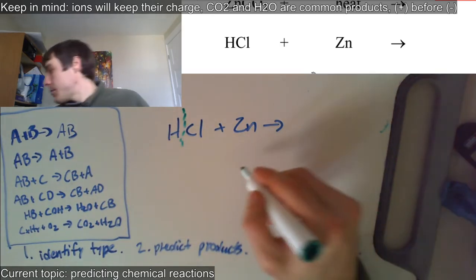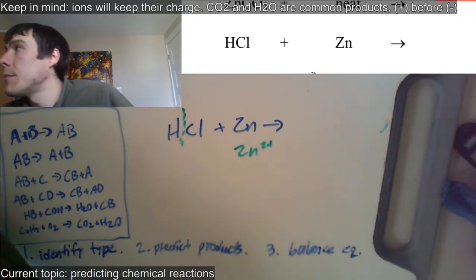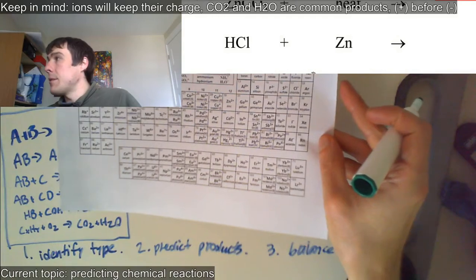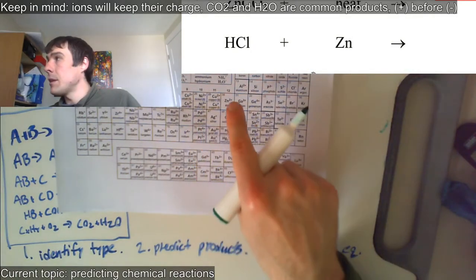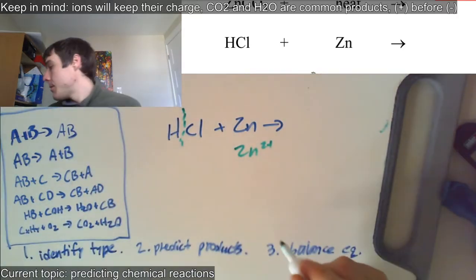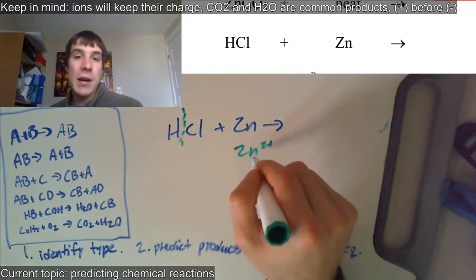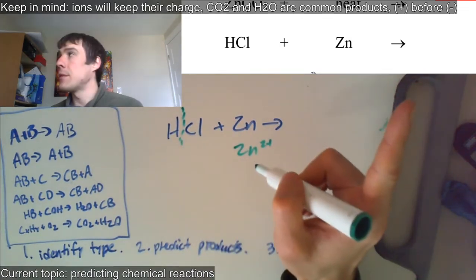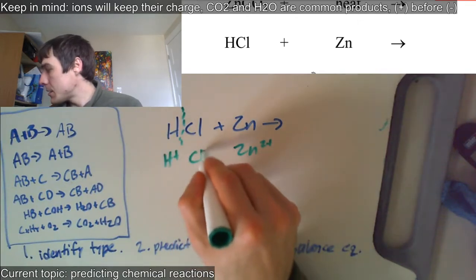What is the zinc going to displace? Well, zinc makes the zinc 2 plus ion. I just get that from my table of ions. There's my zinc 2 plus right down here somewhere. There it is, zinc 2 plus. What's it going to replace? The positive here is going to replace the positive, and the positive comes first in the formula if you saw them first. So it's going to replace the H plus, and this is a Cl minus.